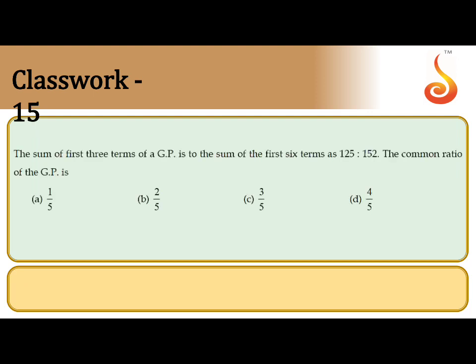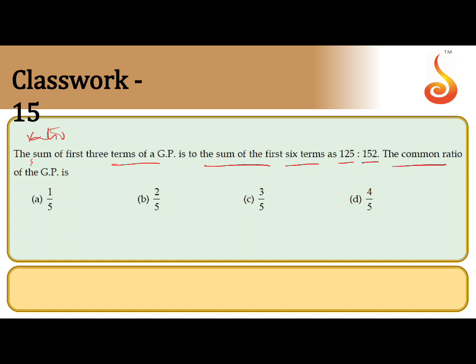Next question. There is some small correction in this question. The ratio of the sum of the first 3 terms of a GP to the sum of the first 6 terms is 125 to 152. They are asking for the common ratio.